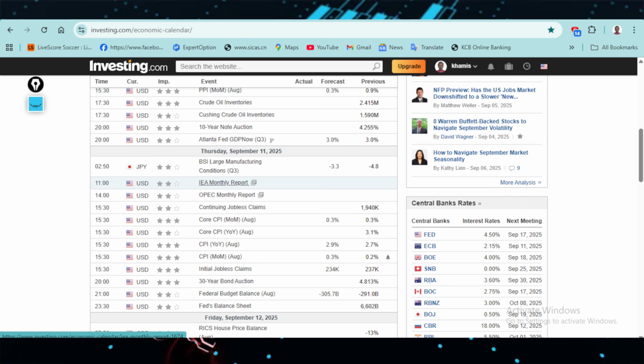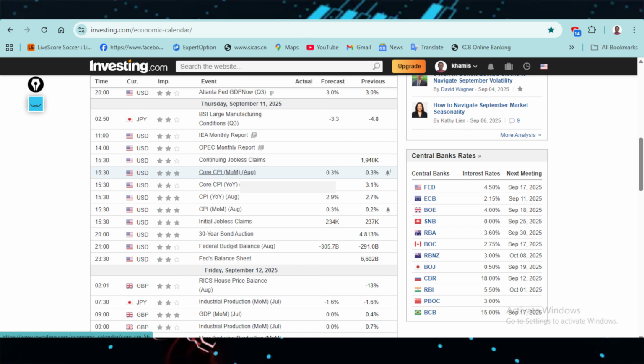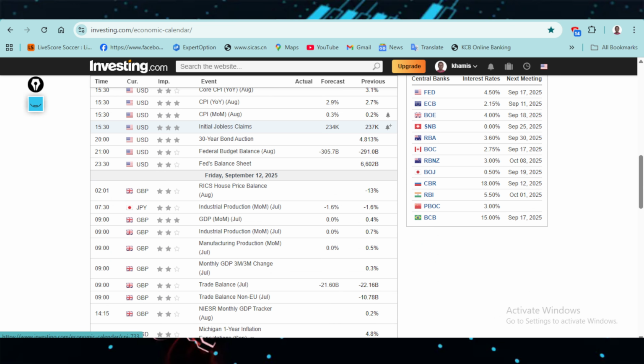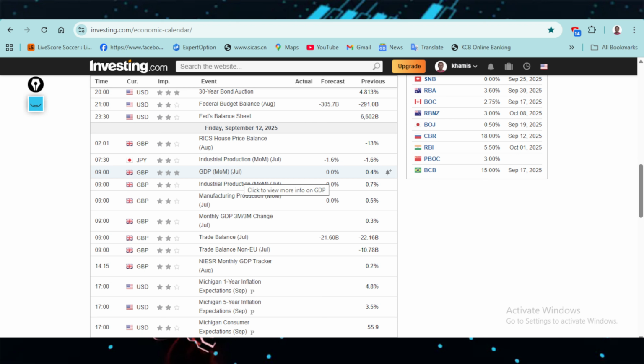And then on Thursday, that is the big day, CPI coming out from the US. On Friday, we don't have anything coming out from the US. It's from the London session, the GDP of Great Britain, and this is the month over month GDP of July.